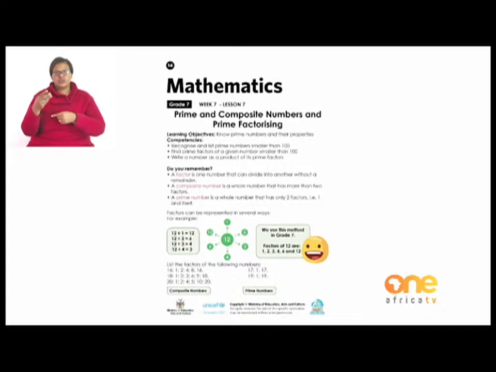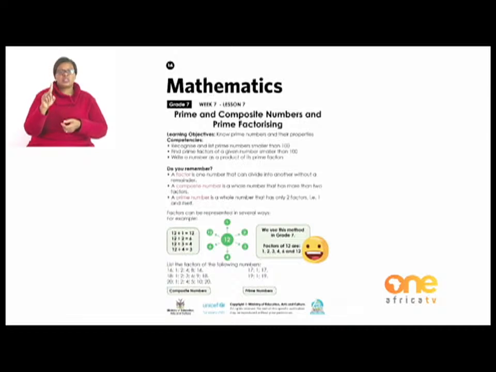List the factors of the following numbers. We have 16. The factors of 16 are 1, 2, 4, 8, and 16. 18. The factors of 18 are 1, 2, 3, 6, 9, and 18.